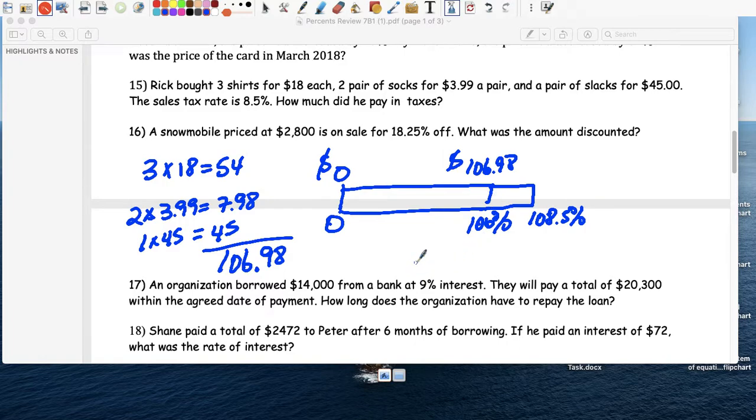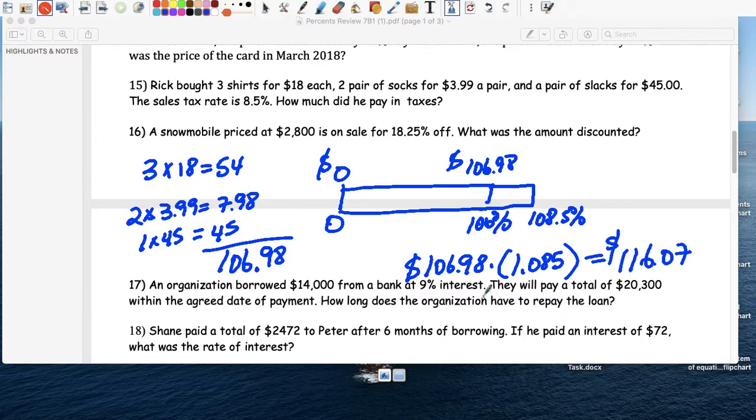So let's multiply our total, 106.98, times 108.5% changed to a decimal, and our total should be 106.98 times 1.085, $116.07, and that's how much we're paying at the register.